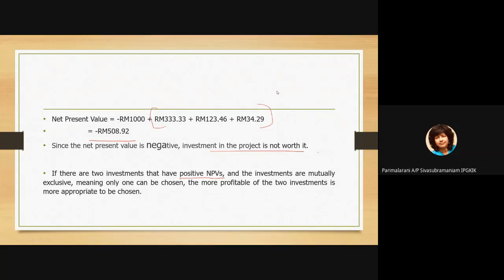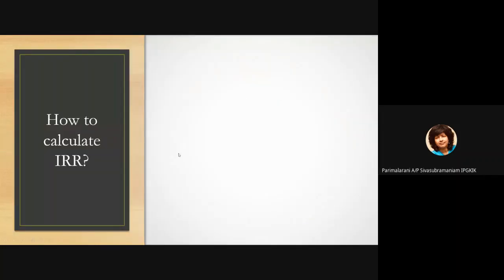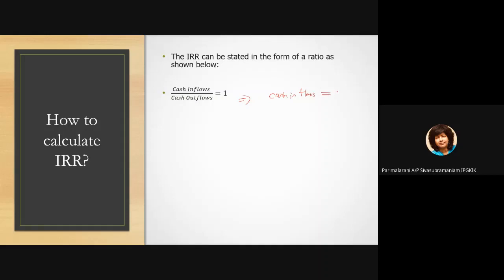Okay, this is for NPV. Now we go on to calculate IRR. The IRR can be stated in the form of a ratio as shown below. This is correct, right? Cash inflows. In other words, this means that cash inflows equals cash outflows, correct?